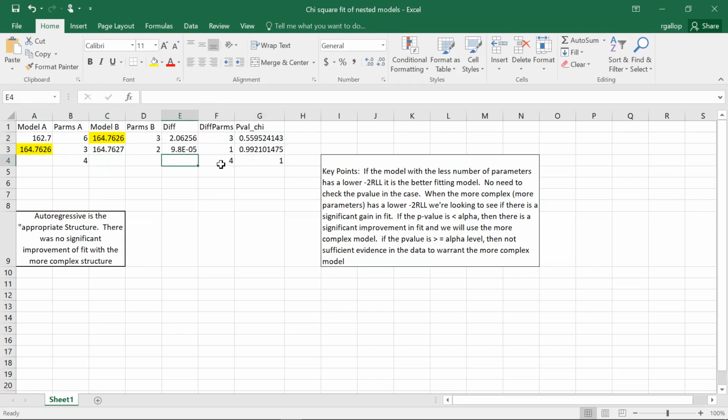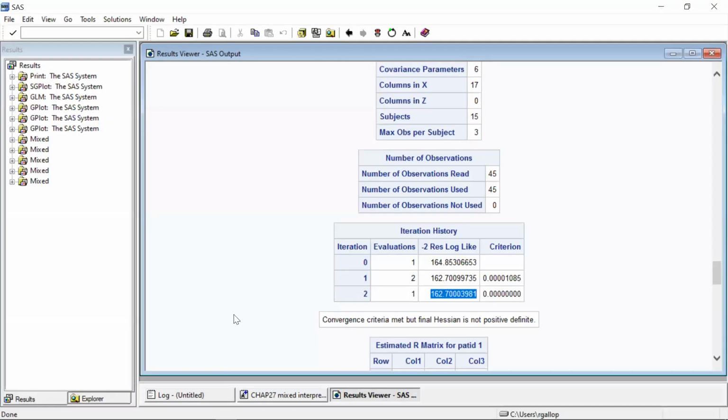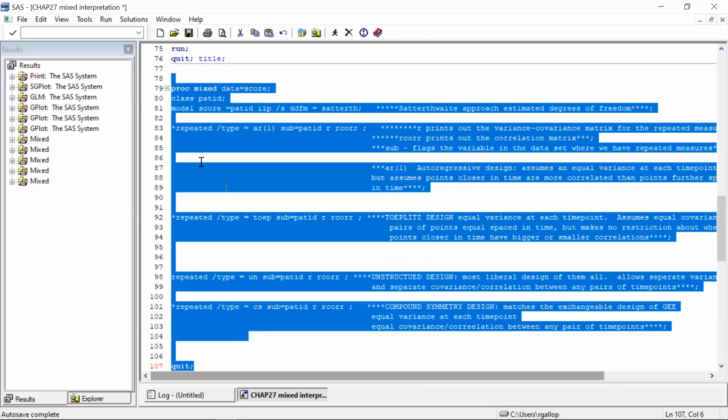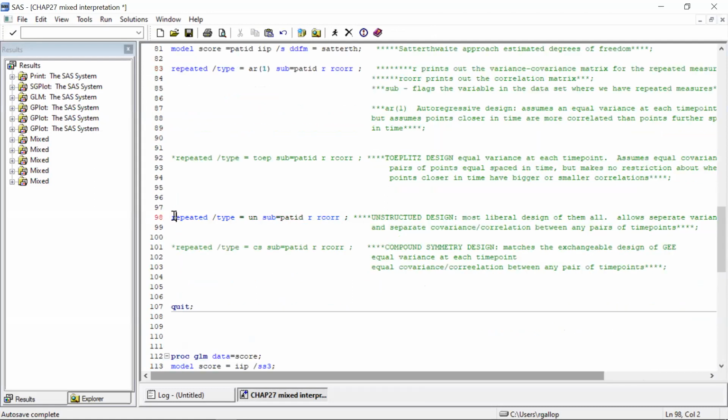For us, in this case, what we ended up seeing is the autoregressive was appropriate. We did not need a more complex variance covariance matrix to fit the repeated measures data. So that's cool. That gets us to where we need to go as far as fitting. Namely, the most appropriate model for fitting these repeated measures was the autoregressive design.